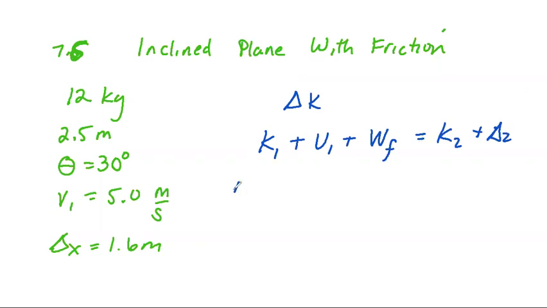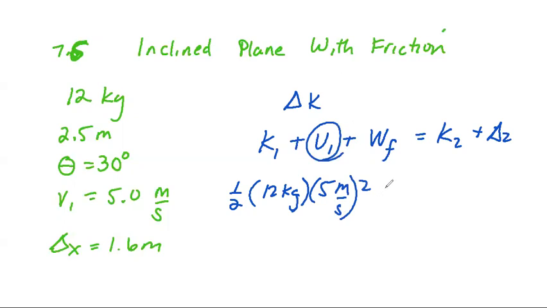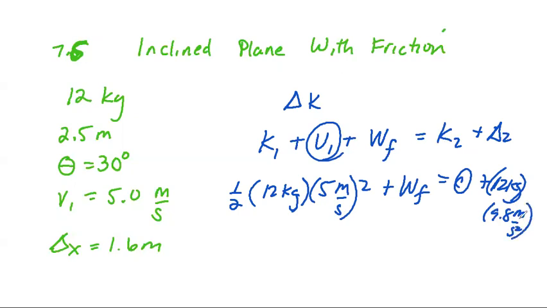So K1 is 1/2 times 12 kg times our velocity, 5 meters per second quantity squared. U1 is 0, it's at the bottom of the ramp, plus the work of friction equals K2, which is 0, it stops, plus m is 12 kg, 9.8 meters per second squared, and this would be 1.6 meters.